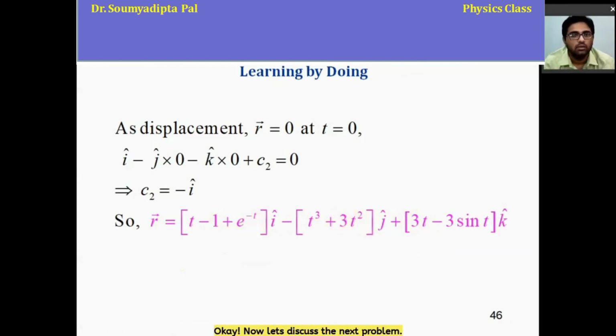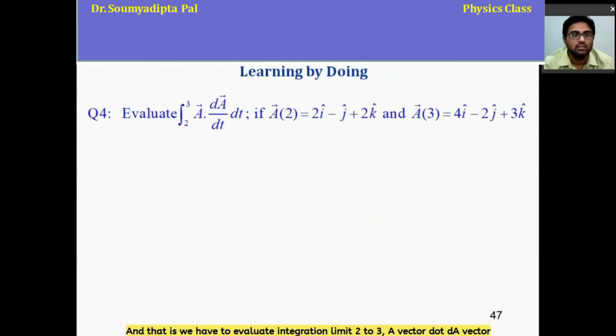Okay. Now let's discuss the next problem. We have to evaluate the integration, limit 2 to 3, of a vector dot da vector by dt dt, and here the vector a at t equal to 2 and t equal to 3 are given. We have to use this to find out the integration value.